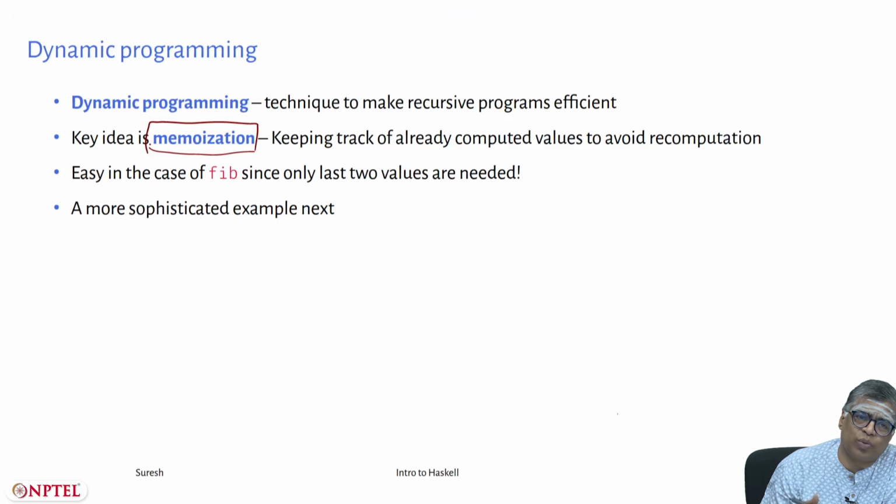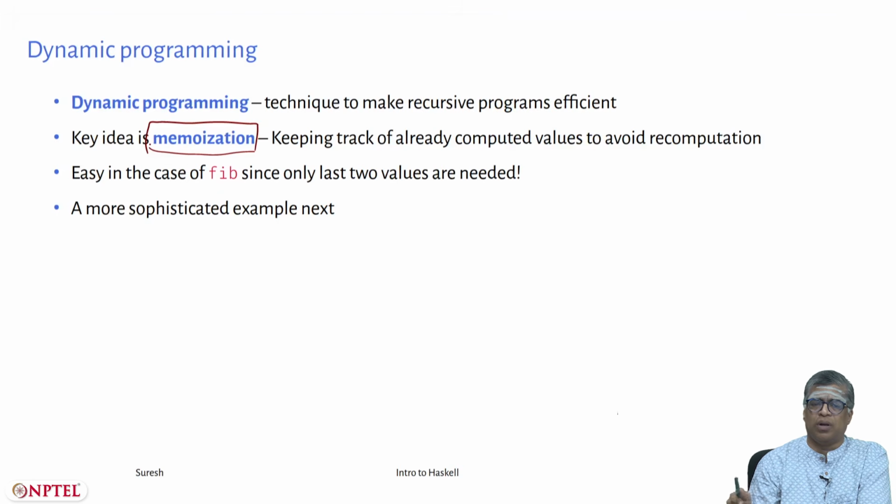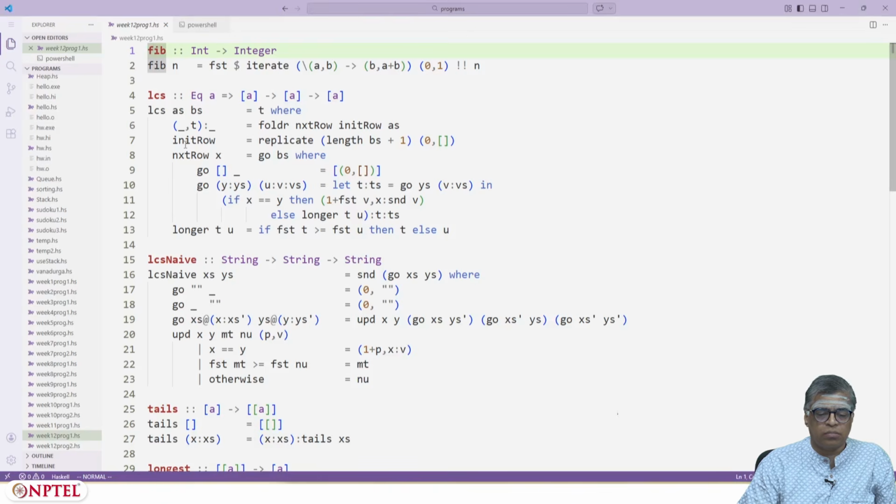And this was quite easy in the case of fib because only the last two values are needed, but we will look at a more sophisticated example soon. Before that, we will actually go to VS Code and we will compare the time taken by a naive Fibonacci computation and the better one which just stores two values.